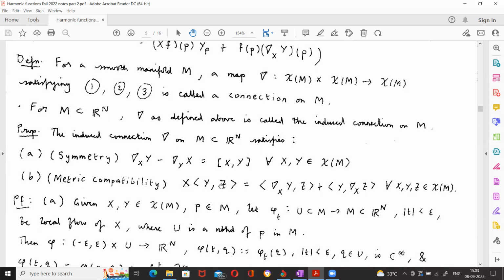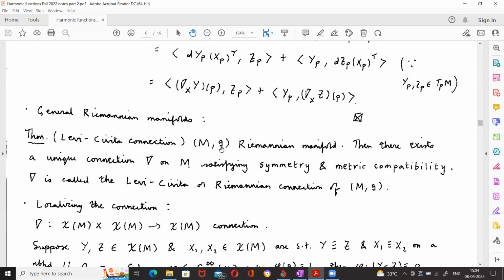The Riemannian metric satisfies the product rule, the Leibniz rule, with respect to this connection, and it satisfies symmetry. Then there is a unique such connection. Okay, such a connection exists and it is unique. So this is what this theorem says. This theorem is sometimes called the fundamental theorem of Riemannian geometry. Okay, so this connection is called the Levi-Civita or Riemannian connection of Mg.